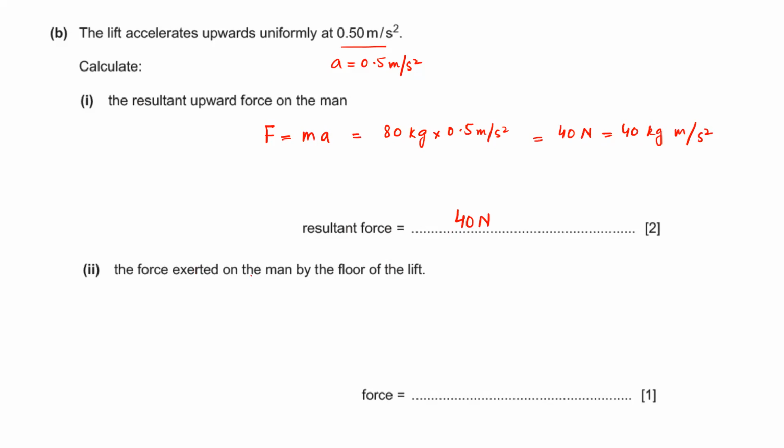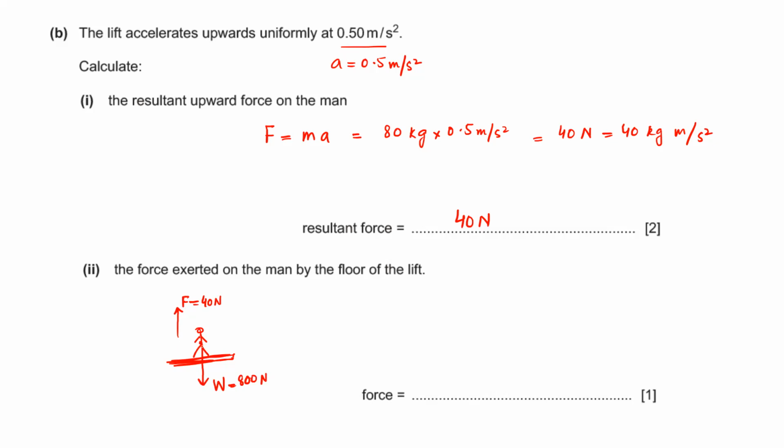Then the next part: the force exerted on the man by the floor of the lift. Remember, the man is standing on the floor, and the weight of the man is acting downwards. The lift is accelerating upwards. So the resultant upward force is 40 newtons, and the weight is 800 newtons.